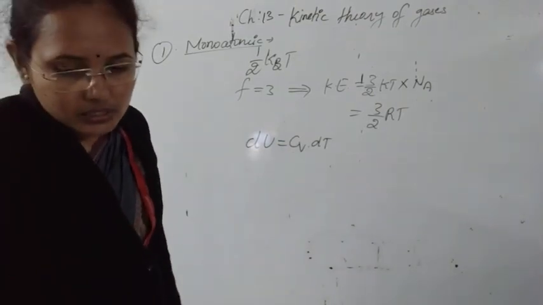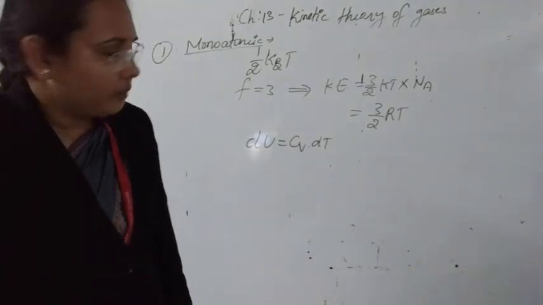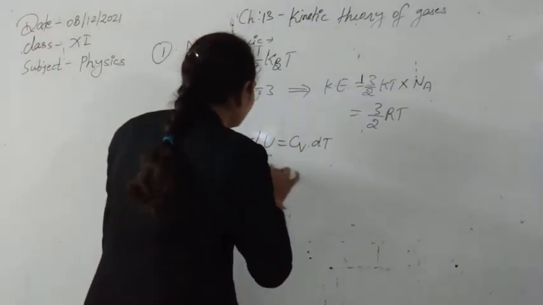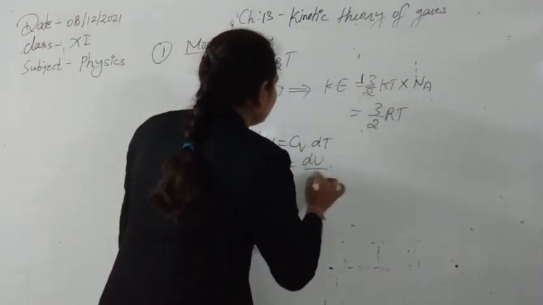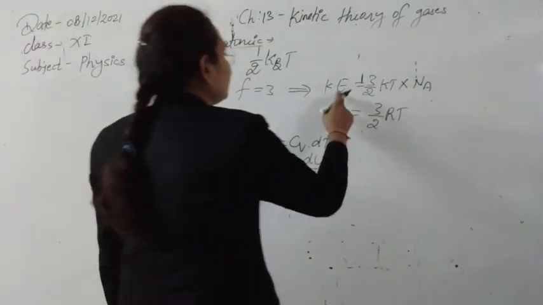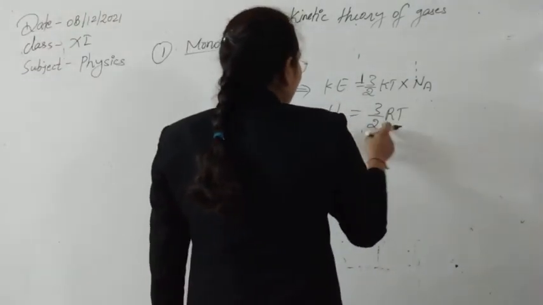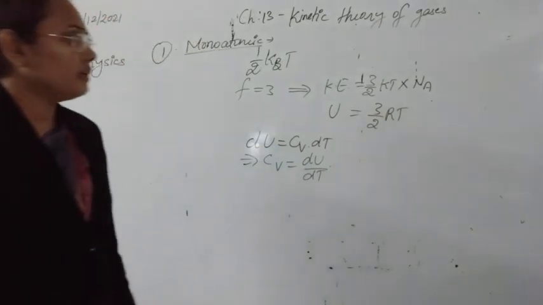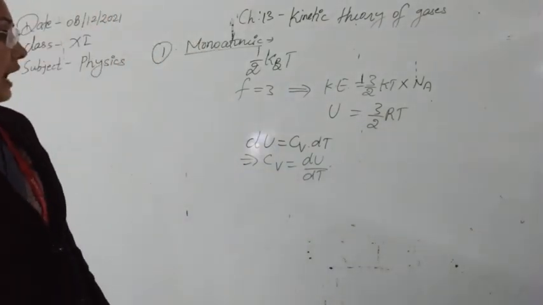So we can write Cv is equal to dU by dT. The first part is clear, and the kinetic energy per mole is U equal to 3/2 RT.